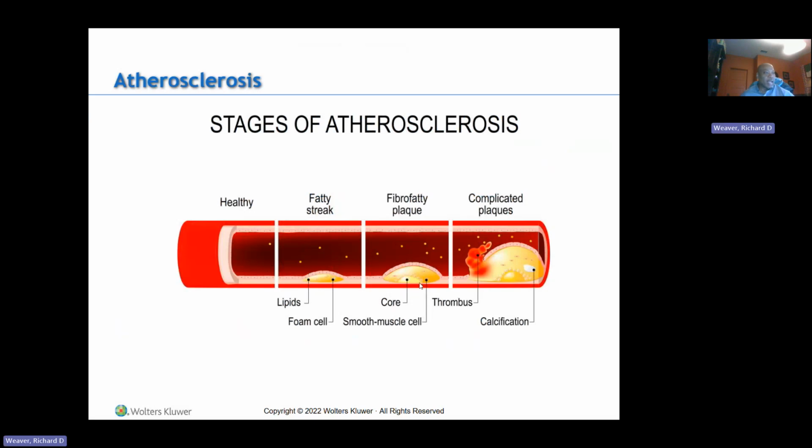And then it creates this core. This is the core here, and this is the smooth muscle cell. So basically, this is the fibro fatty plaque, right? And right now, as you look at it, it is very stable.